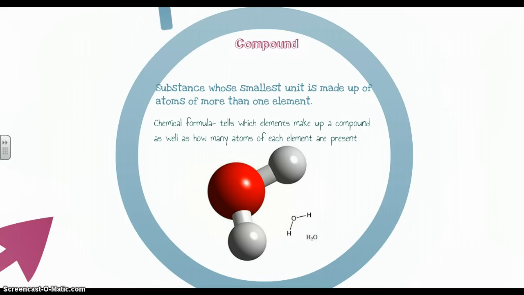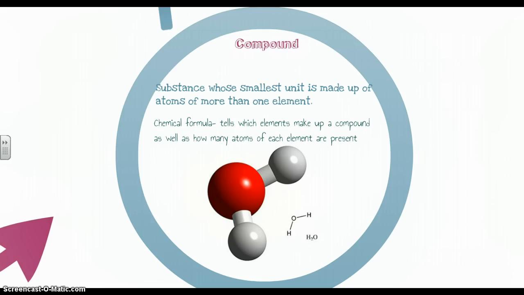That's what our chemical formula tells us. It tells us which elements make up a compound. So in the case of H2O, H stands for hydrogen and O stands for oxygen. So we know water is made of hydrogen and oxygen, but it also tells us how many atoms of each are in the compound. So there are 2 atoms of hydrogen.